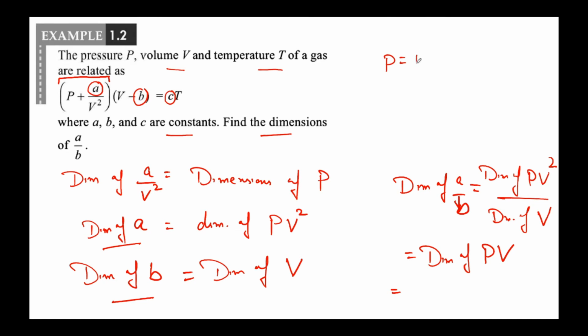Now putting the value of this dimension, where P is pressure, pressure we know is equal to force per unit area. Force dimension is m L t raised to power minus 2, that is equal to m into a, and area is L square.